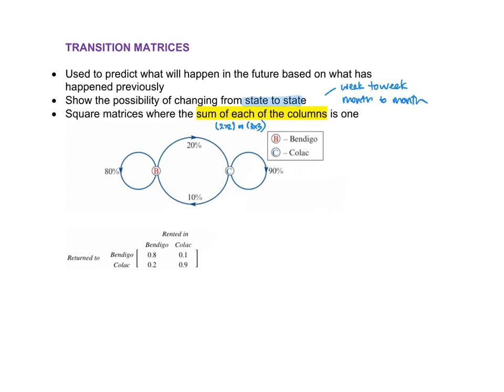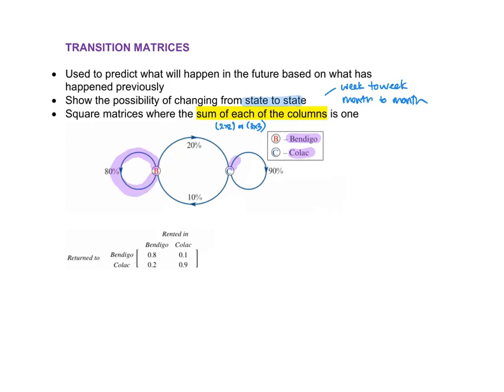So in this example here, this was a car rental place, and it had a branch at Bendigo and a branch at Colac, and the cars were rented and then returned to a branch. If you look, 80% of the ones who rent their car from Bendigo return it to Bendigo.